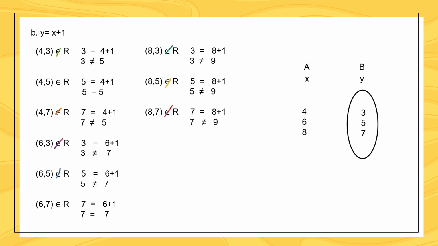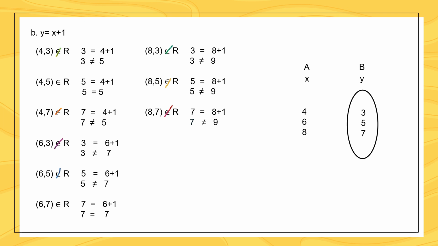So 5 is not equal to 7. Next, (6, 7) is an element of S because 7 is equal to 6 plus 1, and 6 plus 1 is equal to 7. So 7 is equal to 7.